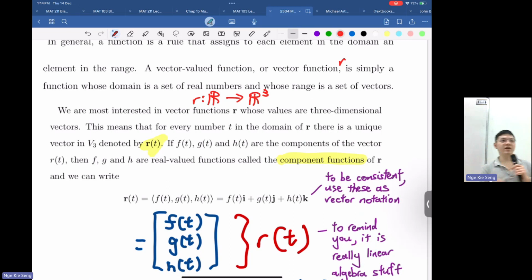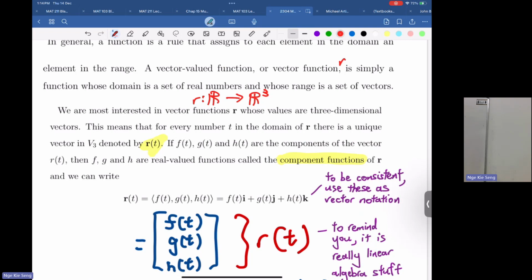How to define this function? I give you a time variable, and you need to tell me, for example, at 1 second, where do you stand? You need to tell me X in which coordinate, Y in which coordinate, Z in which coordinate.